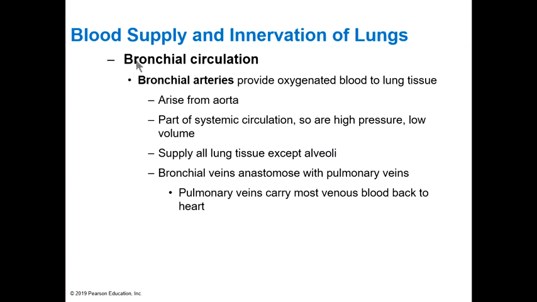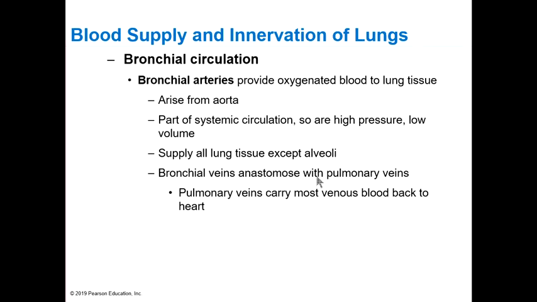And here's the write-up on it. The bronchial circulation, the bronchial arteries provide oxygenated blood to the lung tissue. Those arteries come from the aorta. It's part of the systemic circulation. We know that's high pressure but low volume. They supply all lung tissue except the alveoli, and the bronchial veins will anastomose, right? Different paths they can take.